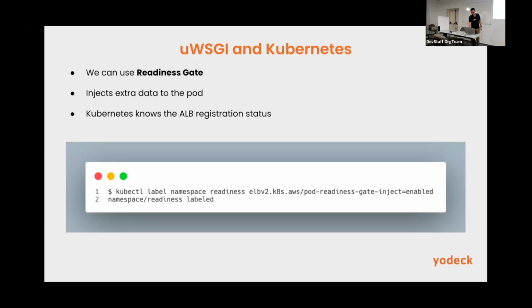And it's very easy to use these readiness gates. If you are using the ALB operator, you just need to tag your namespace with this label, and you will need to recreate all your pods, because it will not be added automatically to existing pods.